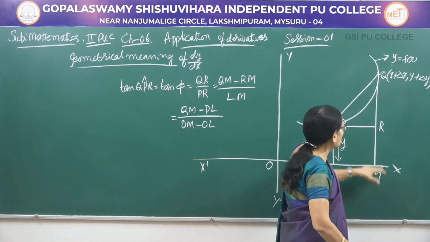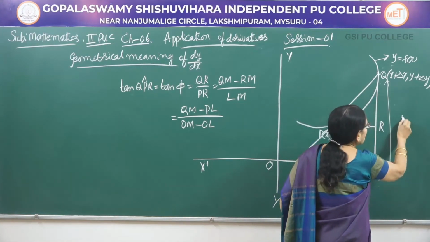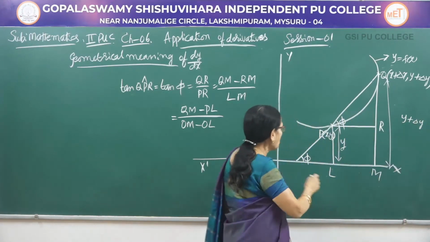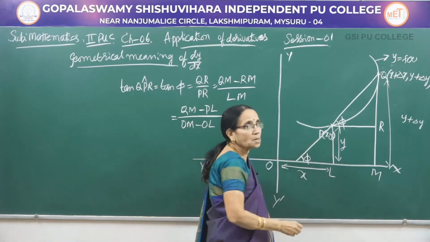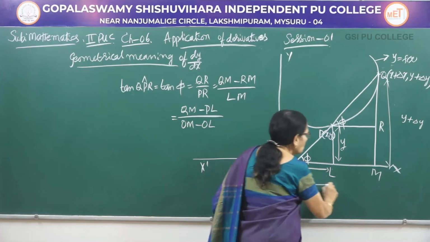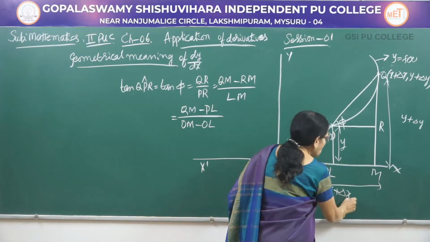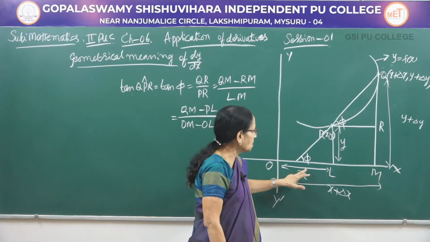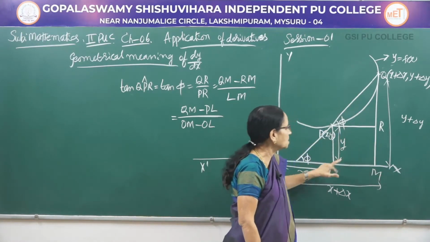Similarly, QM is the y coordinate of this point, which I have taken as y plus delta y. Similarly, this distance OL is nothing but the x coordinate of the point P, and the distance OM is nothing but the x coordinate of the point Q. Therefore, this is x plus delta x, and this is y plus delta y, this is y.